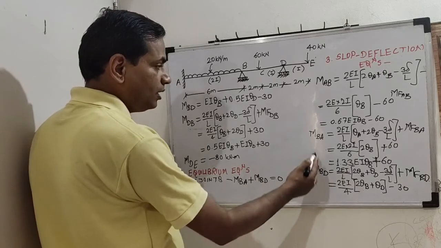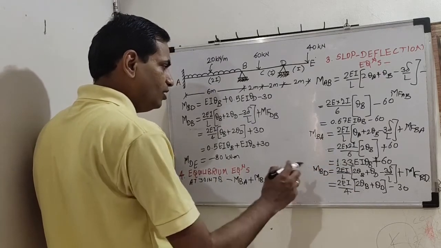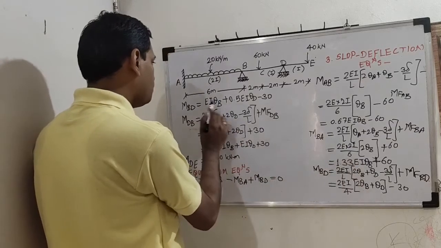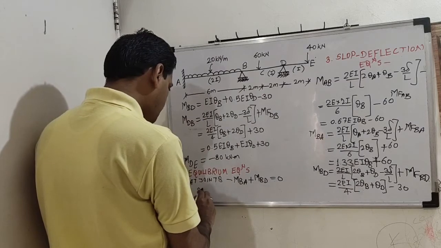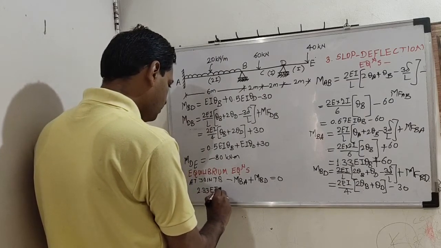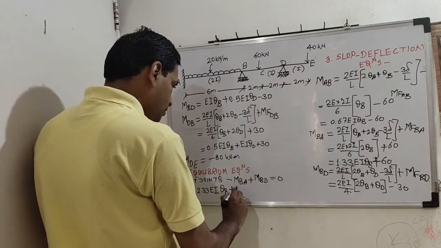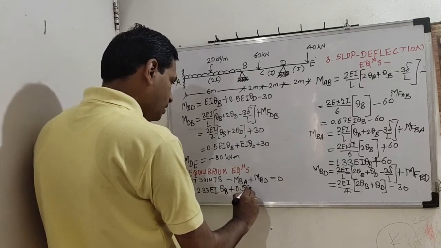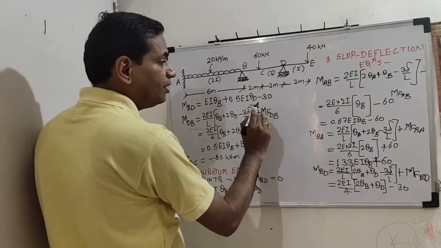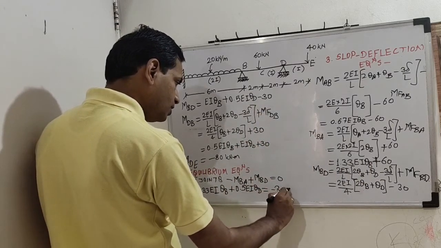So what is MBA? 1.33 EI theta B plus 60. In this we have to add MBD. So 1.33 EI theta B plus 1 EI theta B. This is 2.33 EI theta B. Then theta D, it is 0.5 EI theta D. Plus 60 minus 30 is plus 30. Bring it on the right hand side, it will become minus 30. So this is equation 1.